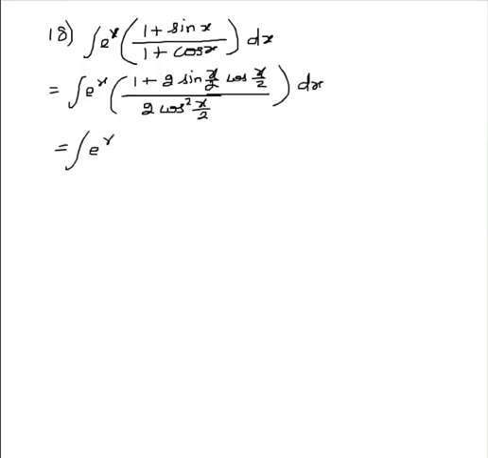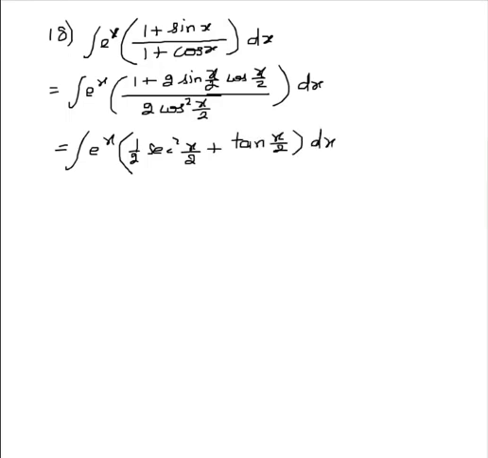Let us separate the terms. 1 divided by 2 cos square x by 2 becomes half secant square x by 2, plus the second term. 2 gets cancelled, 1 cos term gets cancelled. Sin x by 2 by cos x by 2 becomes tan x by 2.